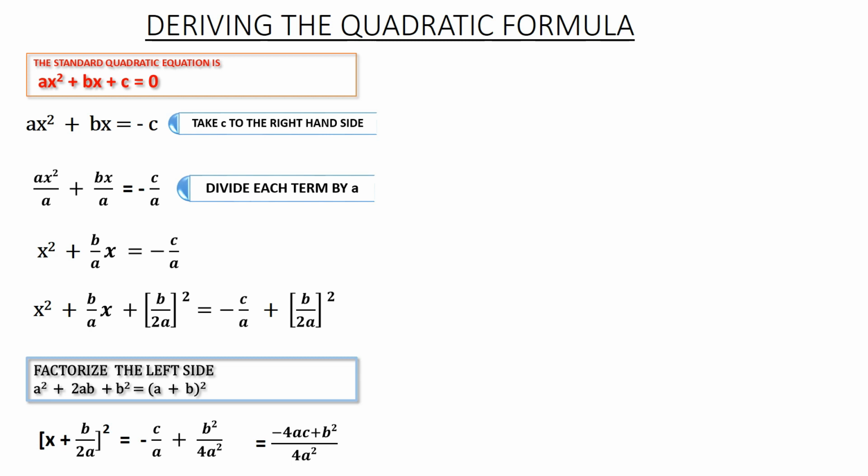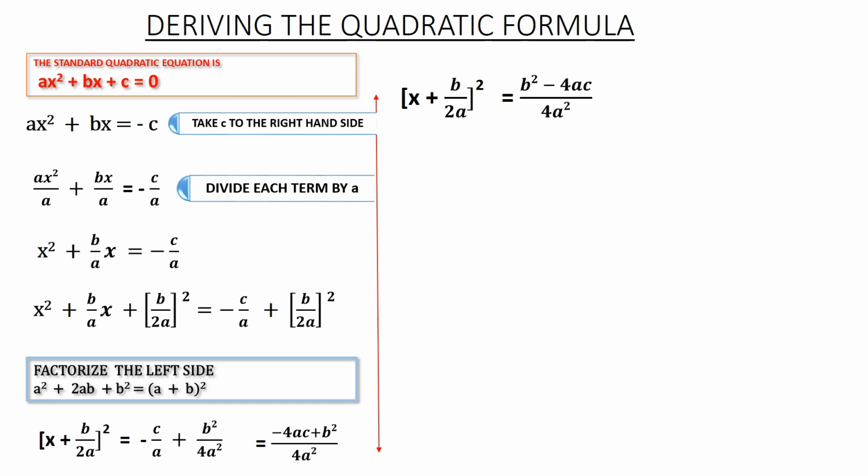I prefer to write b squared first because it's positive, and so I'm going to have x plus b over 2a squared is equal to b squared minus 4ac all over 4a squared.